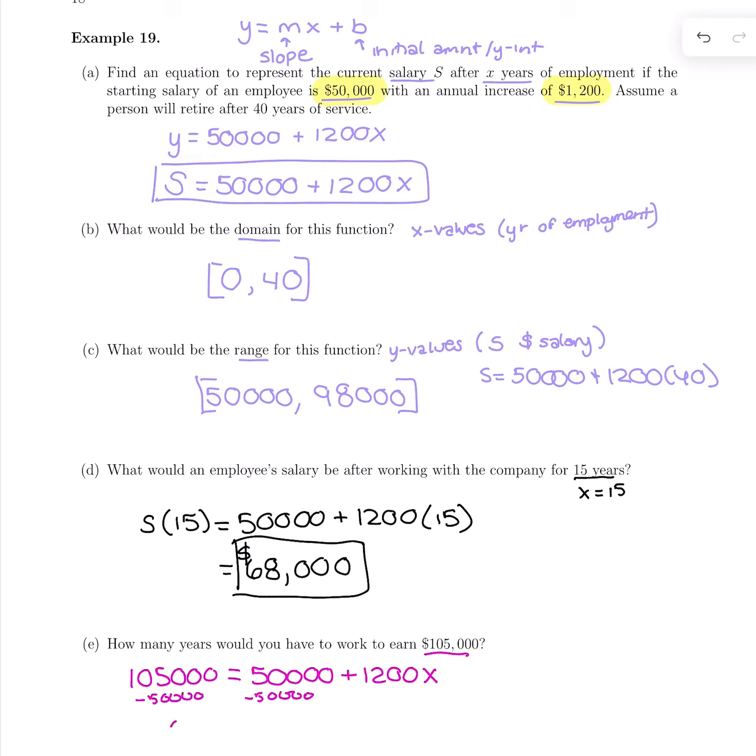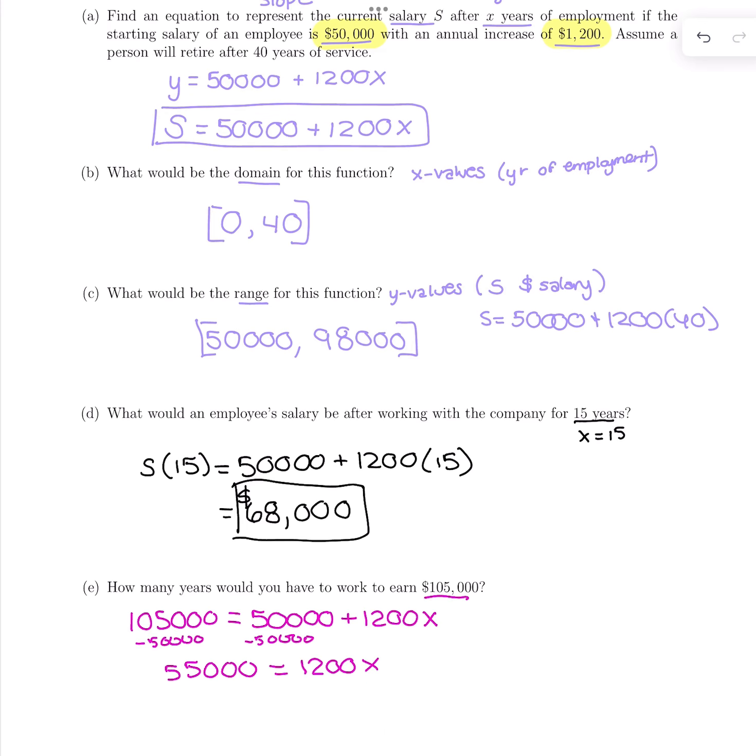So we're looking at a $55,000 raise. And we need to have that equal to 1200x. We're going to divide both sides by 1200 to figure out how many x years we need.